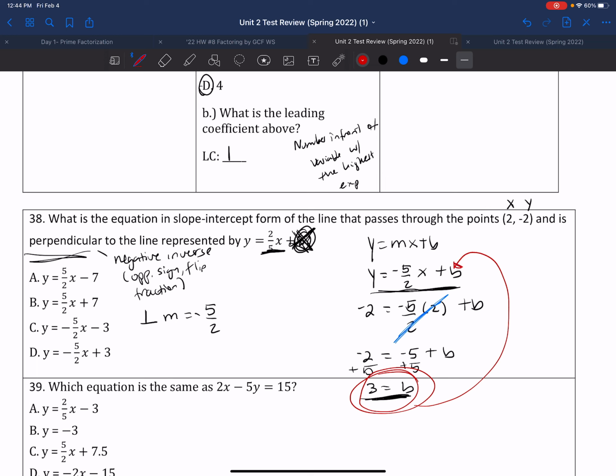And that's going to complete the equation that I need, because that equation is going to be perpendicular to the line that was given to me from the problem. Okay, so we write y equals negative 5 over 2x plus 3. That's my answer.